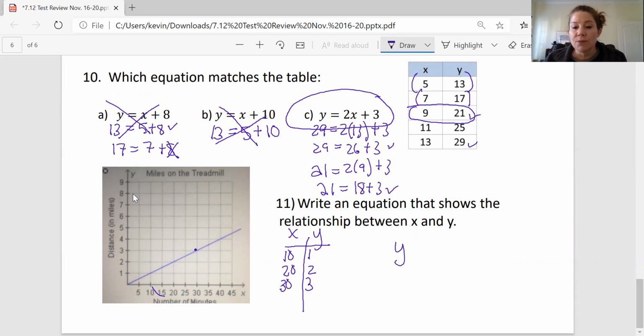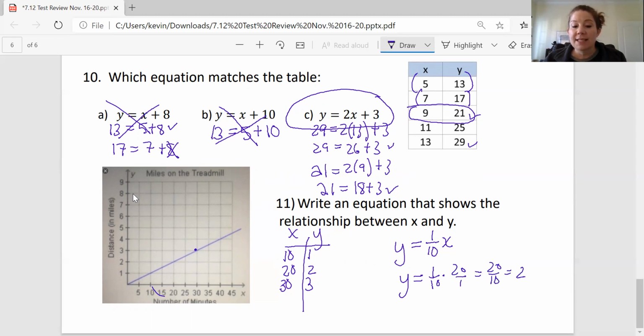Y is equal to, what do I do with X? It's actually going to be 1/10. Because if X is 10, 10 times 1/10 is 1. If X is 20, I get 20 over 10, and 20 divided by 10 is 2.